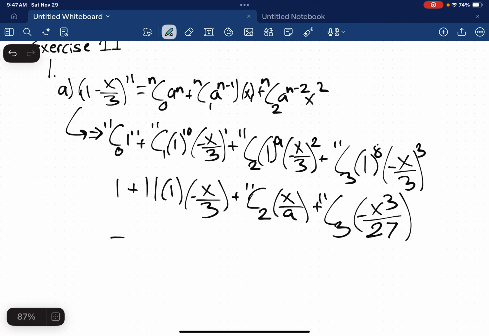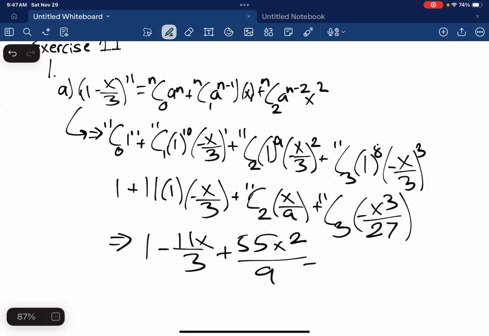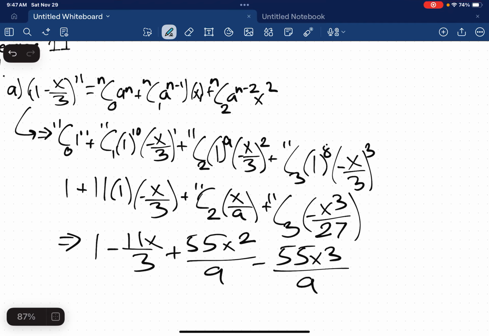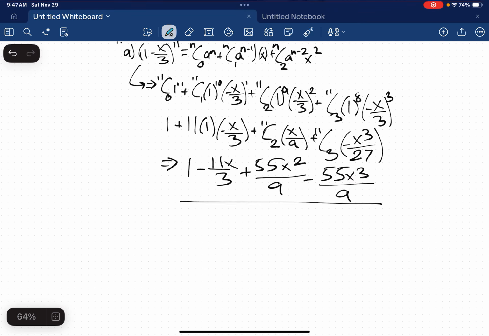And then once you simplify all of this, you should get 1 minus 11x over 3 plus 55x squared over 9 minus 55x cubed over 9. And those are the first 4 terms, so we're done with that.